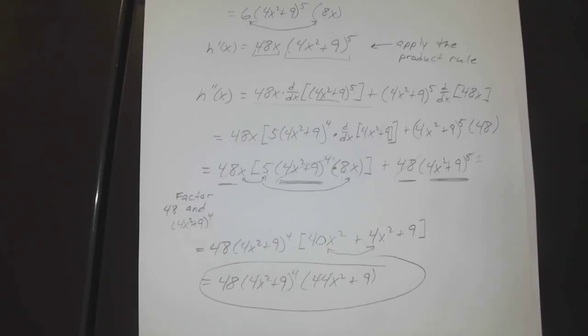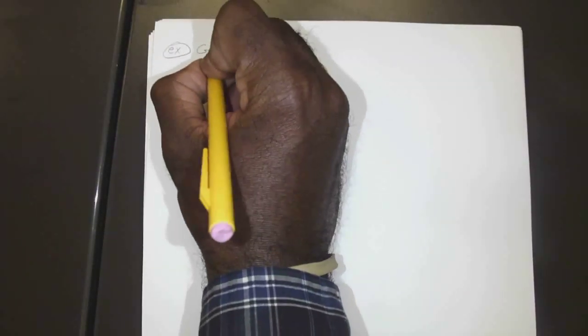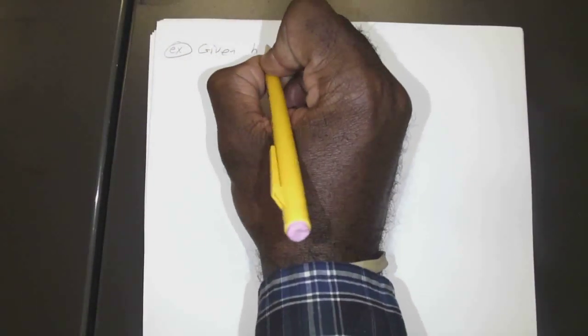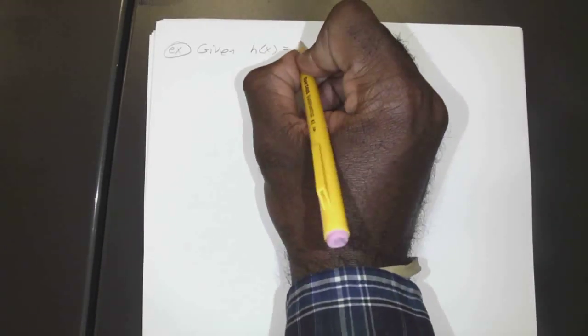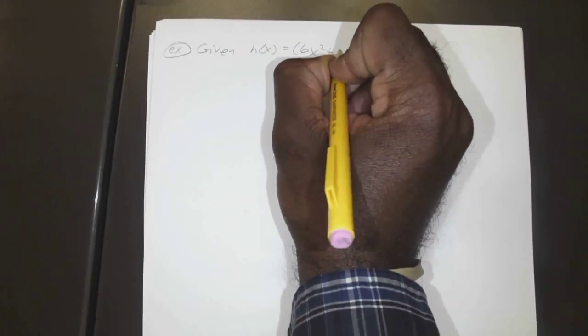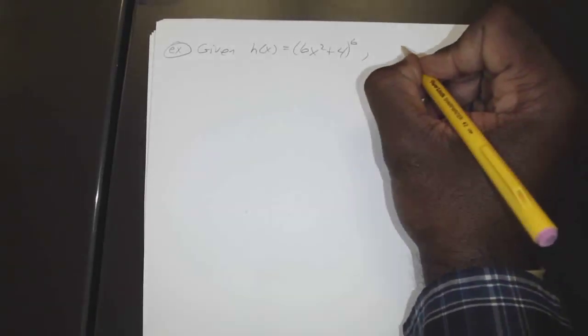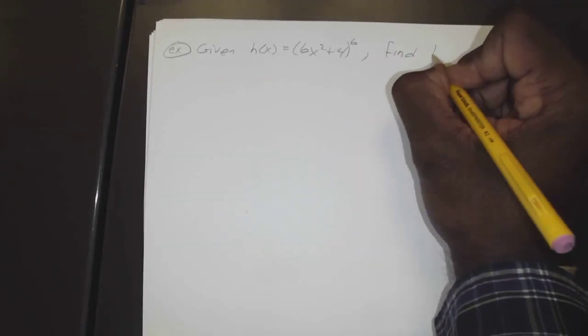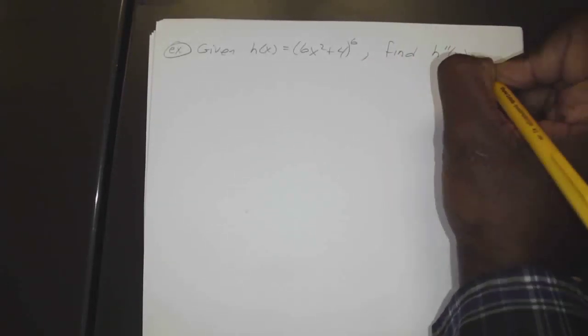All right, so let's do one more. You'll kind of see, hopefully, the pattern. Okay, so if you're given h of x equals 6x squared plus 4 to the sixth, find the second derivative.